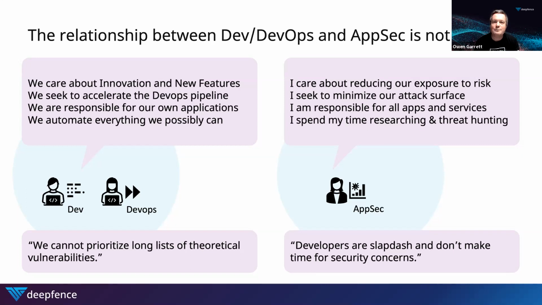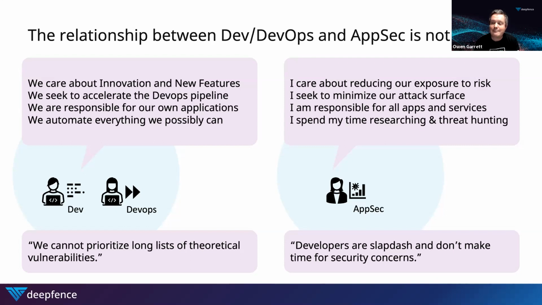But this team is responsible for the global reduction of exposure to risk that the enterprise suffers from. They look to understand and minimize the attack surface across all of the applications that the enterprise is running and publishing. And they take that global responsibility across all the apps and services. They typically are not laser focused on individual applications or individual services.